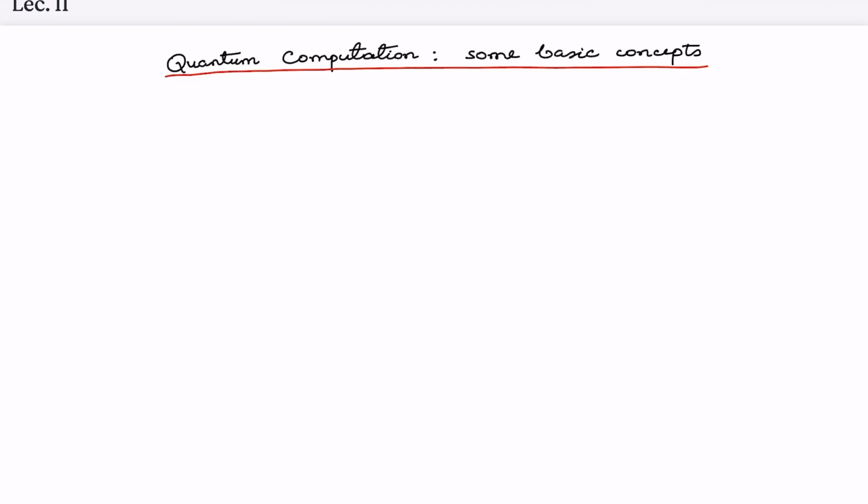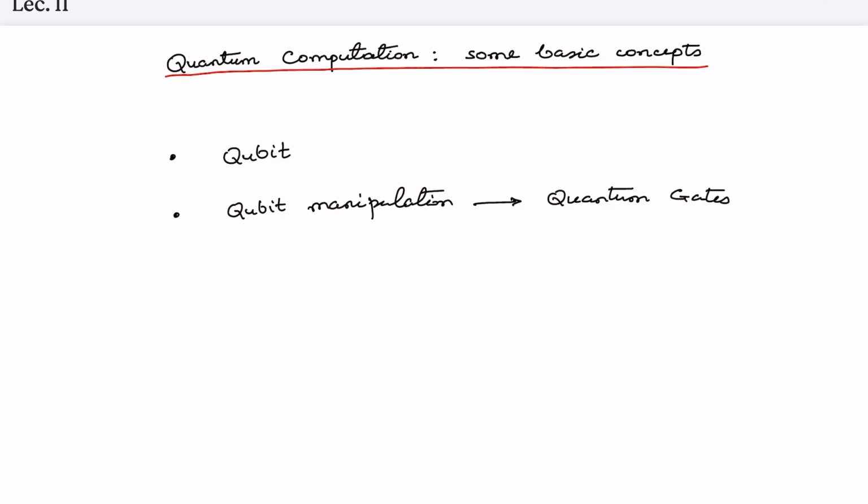Now, there are three key components of quantum computation. Firstly, there is the so-called qubit, which you are already aware of, and then we have to do the qubit manipulation, and qubit manipulation is done by the so-called quantum gates, and we are going to discuss quantum gates in this lecture later on.